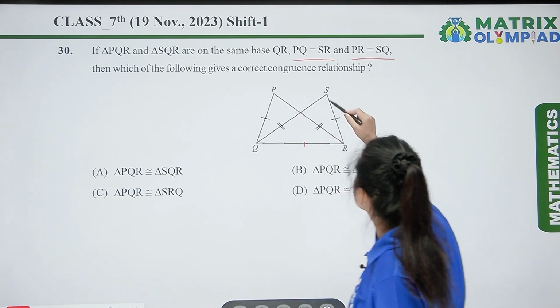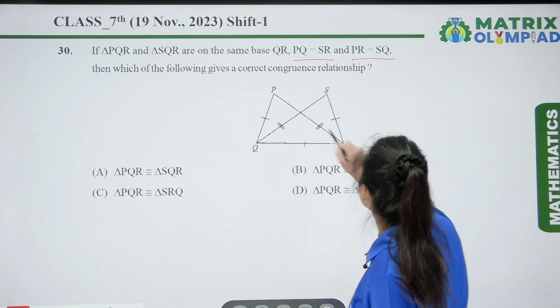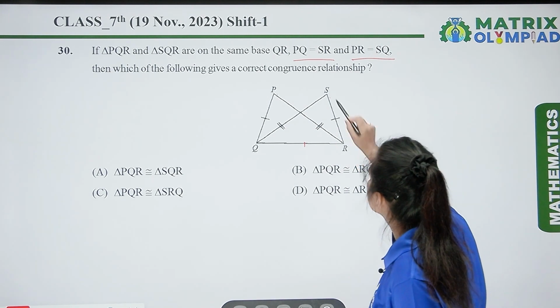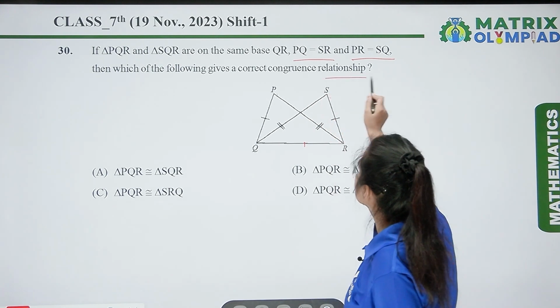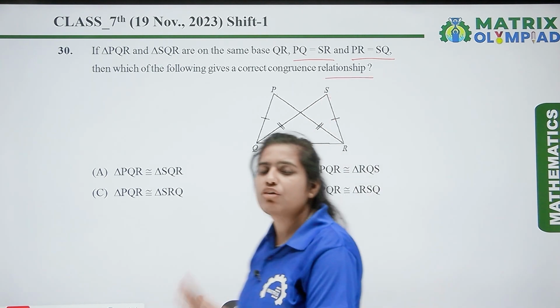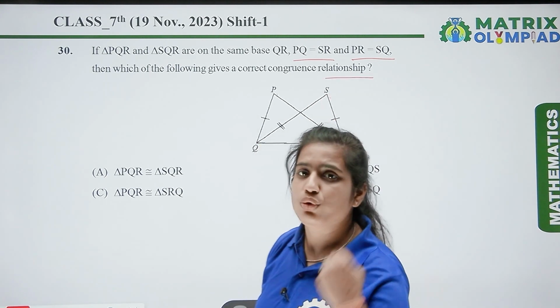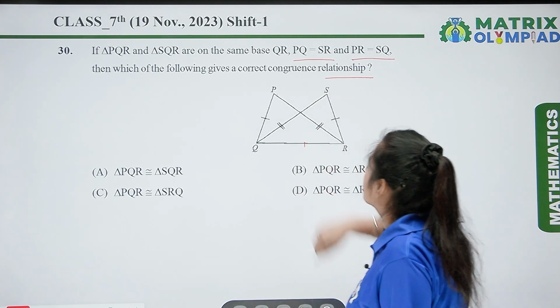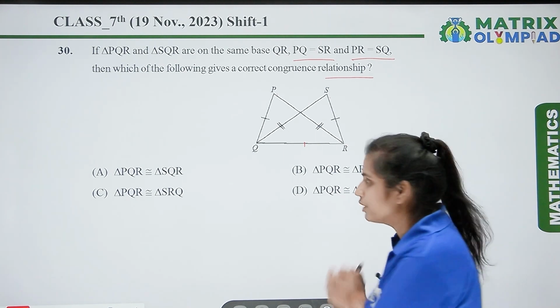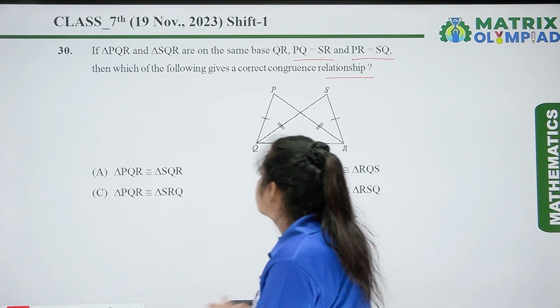Which of the following gives the correct congruency relationship? Out of these 4 options we have to find which one represents the correct congruency relationship. So here let's check.